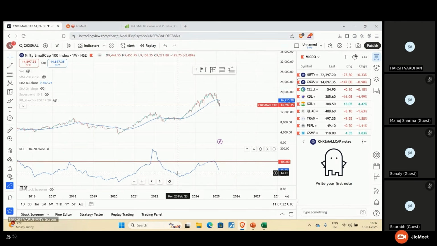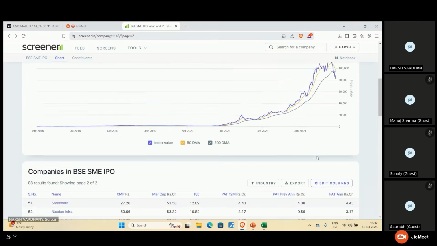Whenever it is giving you a buy signal for small caps, you need to buy SMEs as well. For example, from January 2022 till April 2023, the small cap index didn't perform, and the same was the case with the SMEs, which also didn't perform from Jan 2022 till March 2023.